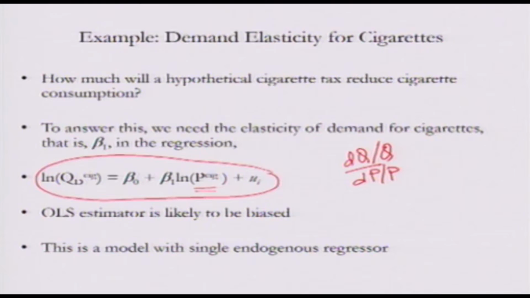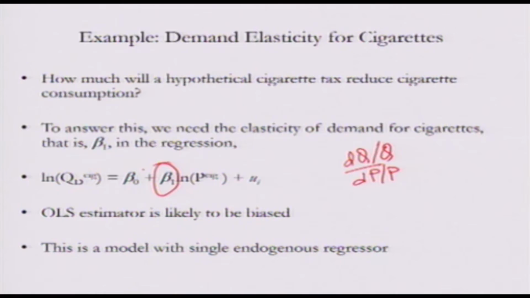And that's why the coefficient of interest for us is beta 1, which gives you essentially the elasticity of demand for cigarettes in this case, particularly because remember that because we have this equation, the regression equation specified in log terms, that is log quantity demanded and log prices, hence beta 1 automatically gives you the elasticity and not just dq/dp.